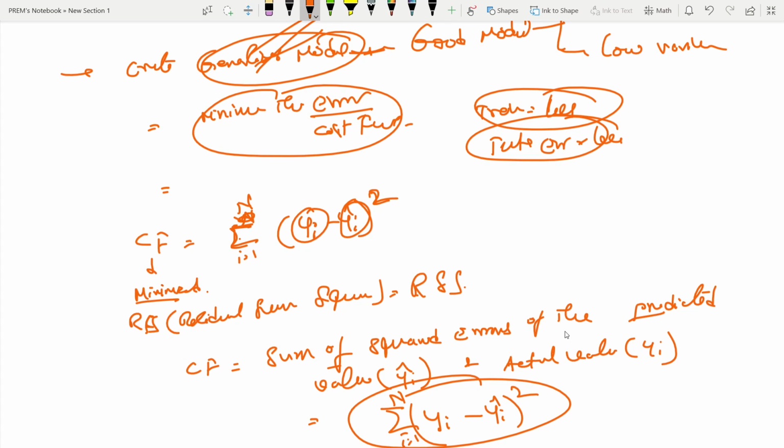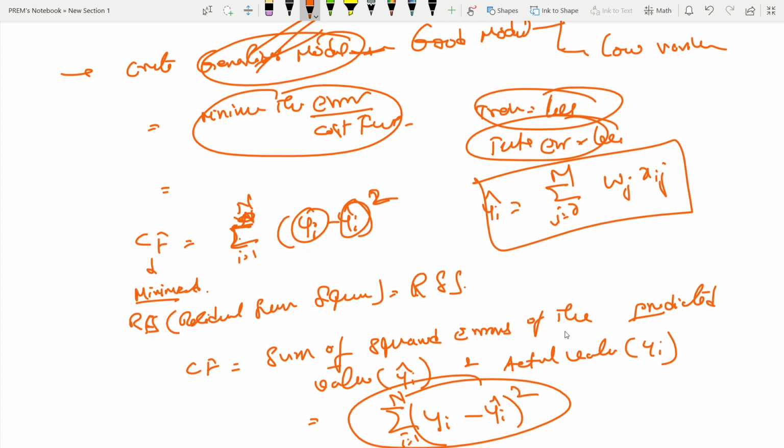Here y hat is sigma j equal to 0 to m of wj times xij.